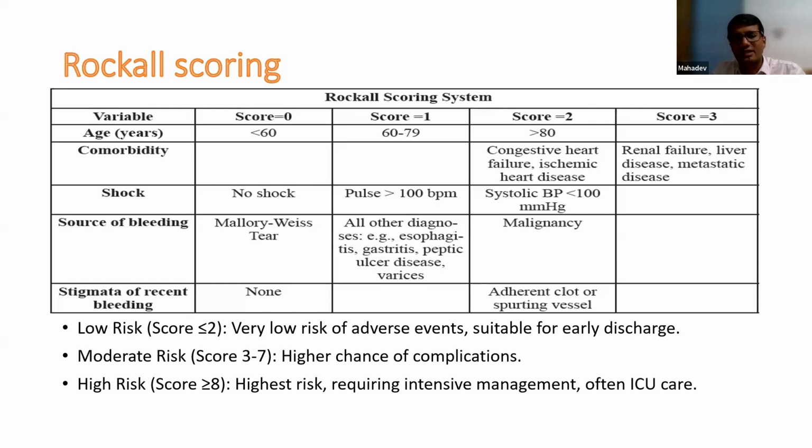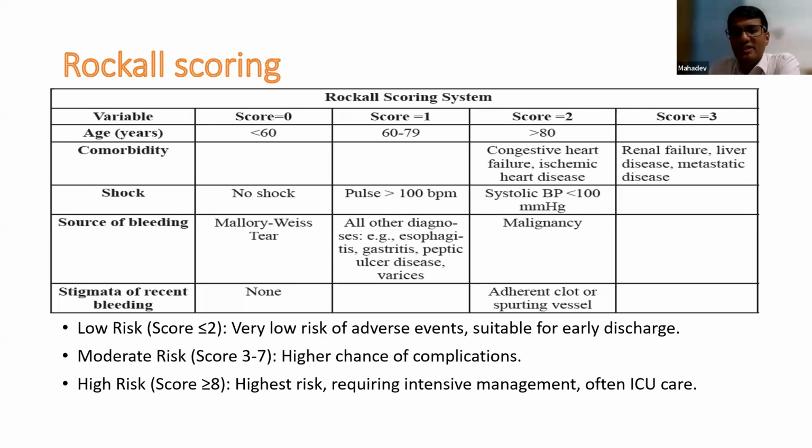Each is given a score of 0, 1, 2 and 3. A low risk score is less than 2, meaning very low risk of adverse events and low risk of rebleed. You can plan early discharge of these patients.